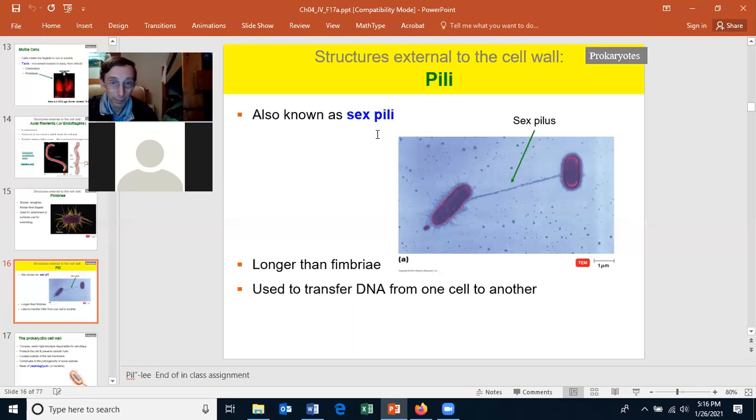The purpose of the sex pili is to allow the plasmid, the F plasmid in this cell, to move from this cell into that cell. And so the sex pili is used to transfer DNA from one cell to that cell. And generally only a plasmid moves from this cell to that cell.